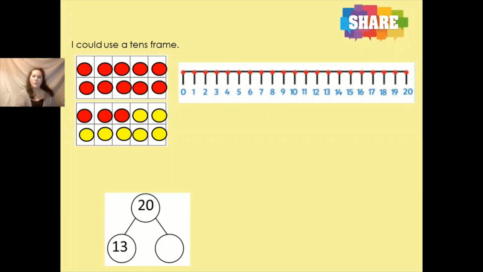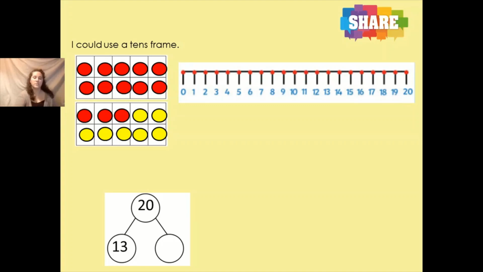Brilliant. Now what could I do to find out the answer, my next part? I've filled up my tens frame. How does that help me? Fantastic. I could count the yellow counters, and I know however many yellow counters there are is the amount that I added to 13 to make 20.